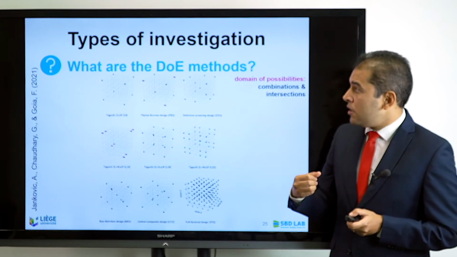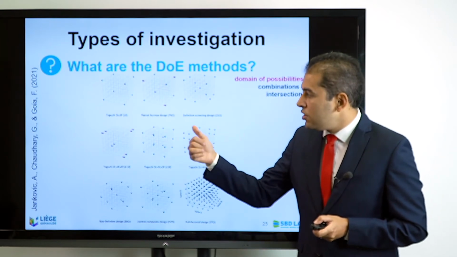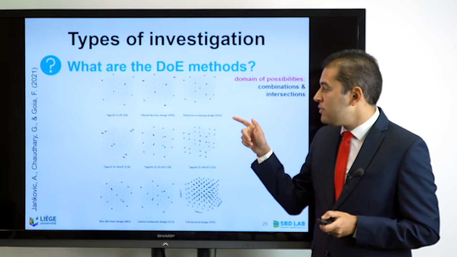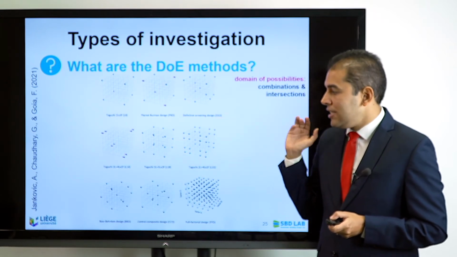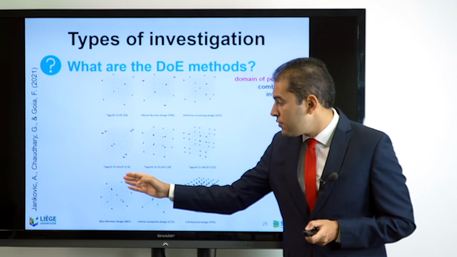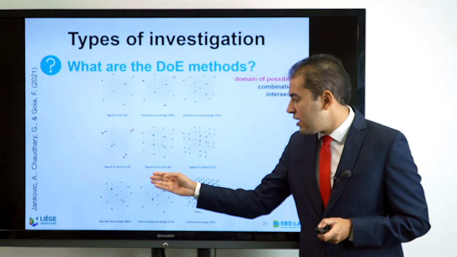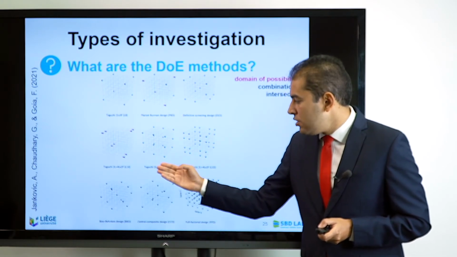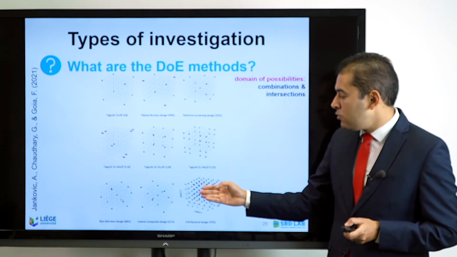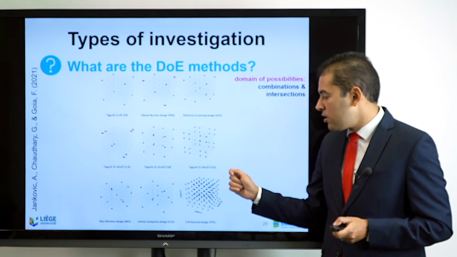Other types of design of experiment methods that are commonly used: we have Taguchi 2 levels 3 factors, the Plackett-Burman design, the definitive screening design, the DSD, and the Taguchi with 2 levels plus 4 levels multiplied by 2 factors, which is the L16. We have the Taguchi L18, which is 2 levels plus 3 levels multiplied by 2 factors, and the Taguchi L32, which is 2 levels plus 4 levels multiplied by 2 factors.